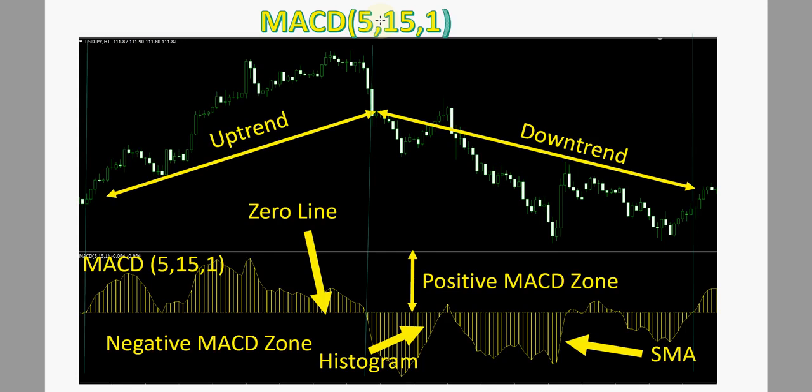By using these two MACDs together, we will achieve three things. We will be able to have a confirmation of our trade. We will be able to re-enter a trend, like a re-entry strategy, and then we can do a counter trend strategy if we apply these two MACDs together.